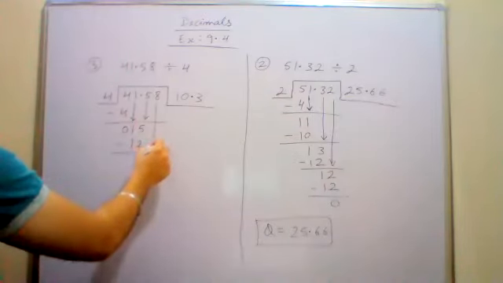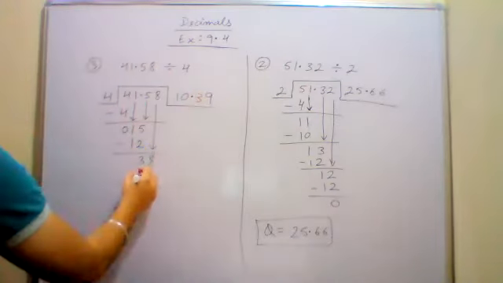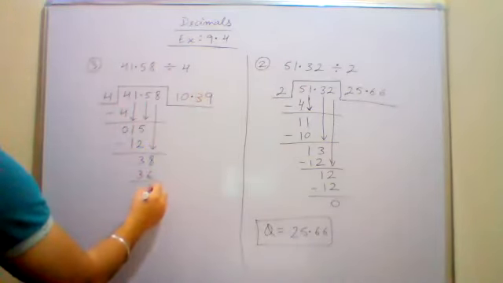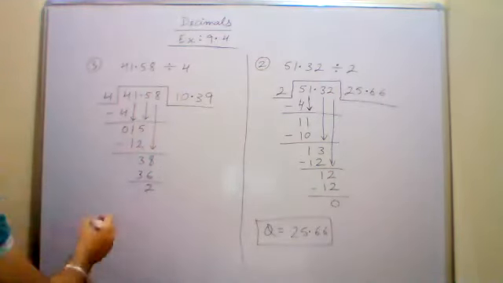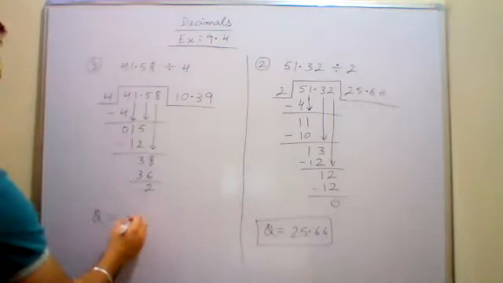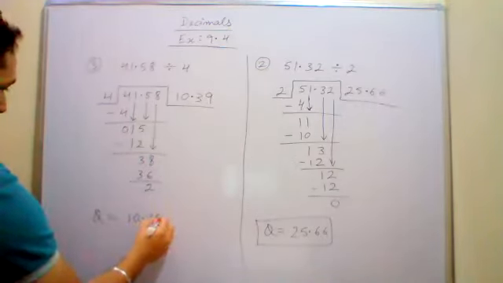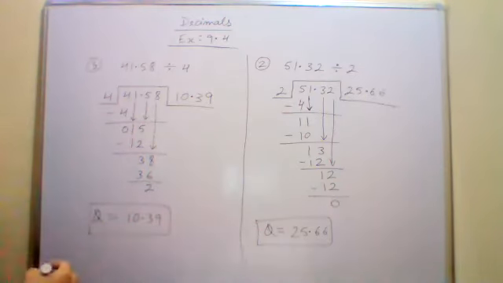Then the last digit is 8. 38. 4 nines are 36. Remainder is 2. Okay, so what is your quotient? We don't have to care about the remainder. We only have a quotient, which is 10.39. 10.39 is the answer.